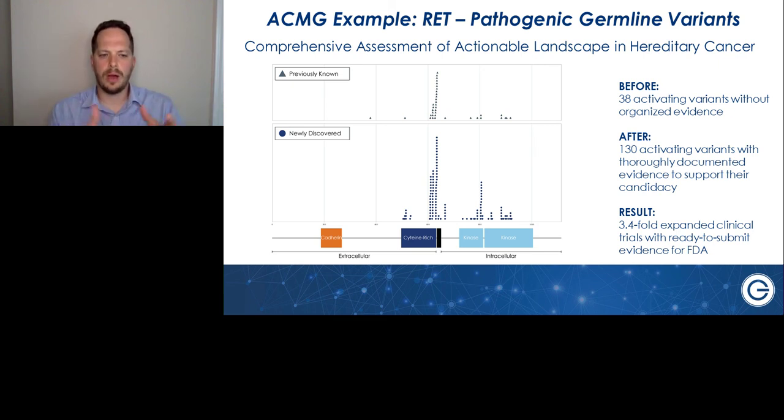And I like this plot because it showcases the idea that only with a comprehensive view of all of the variants are you able to see salient patterns emerge in the places where these variants affect the protein, and therefore what they may be doing to the protein, and therefore may guide downstream research and development of different drug programs.